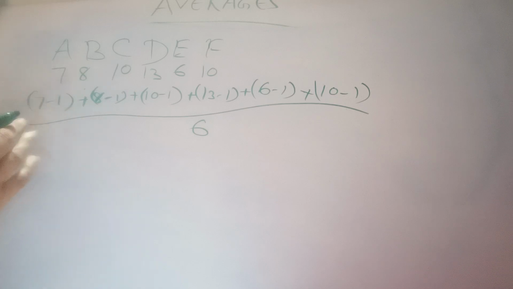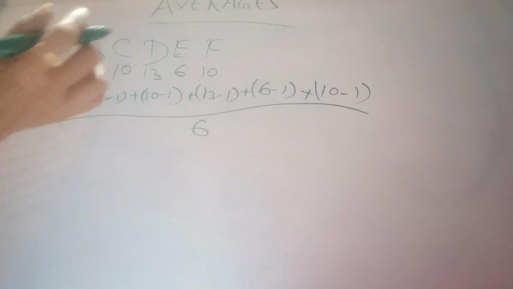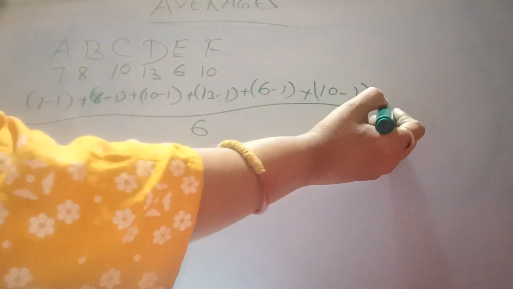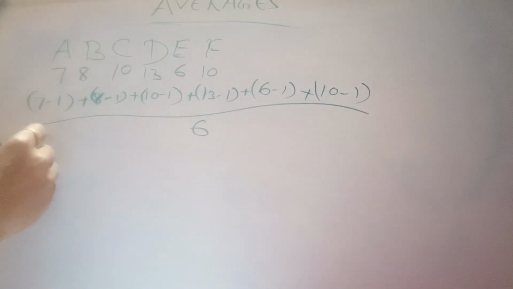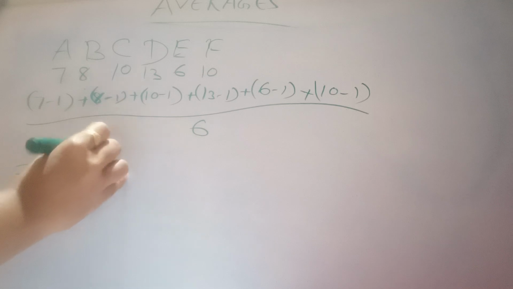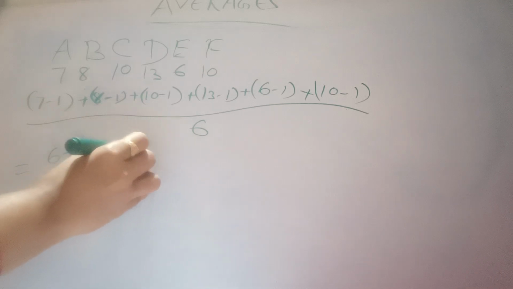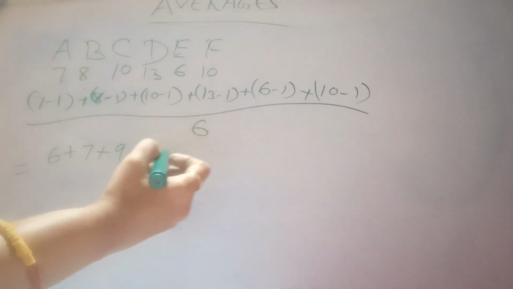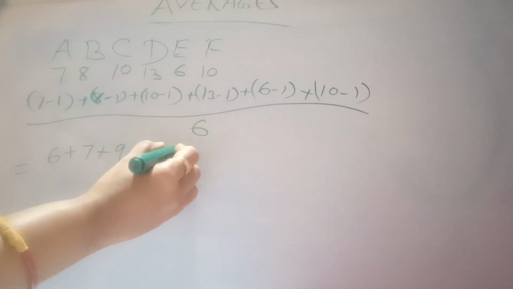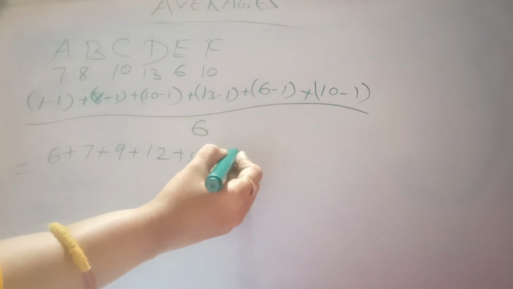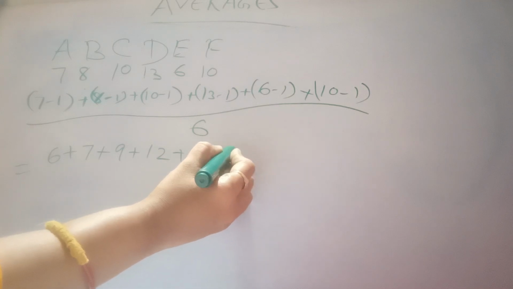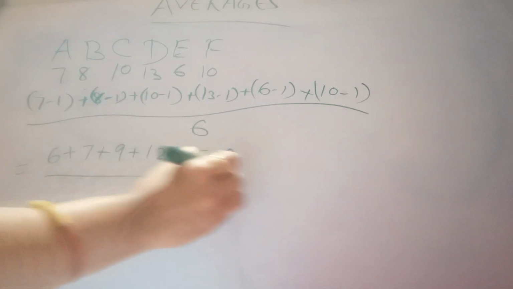Sorry, one person is gone, so after this we'll subtract that one. This is 6 plus 7 plus 9 plus 12 plus 5 plus 9, divided by 6.